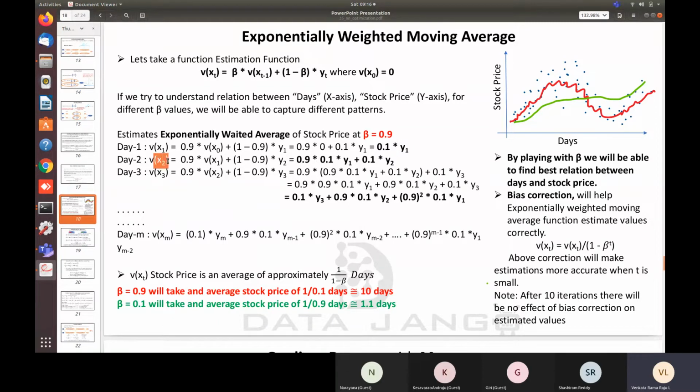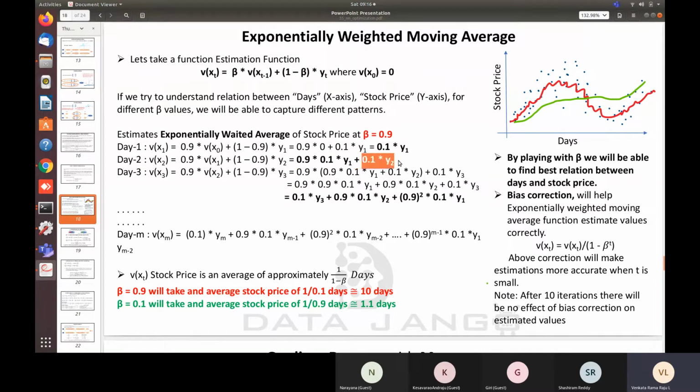Let us look at the second day. 0.9 into v of x1, plus 1 minus beta into y2. So I am taking the first day's prediction into consideration to make the second day's prediction. So 0.9 into 0.1 into y1 plus 0.1 into y2.